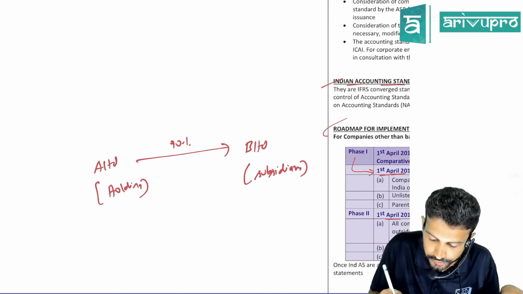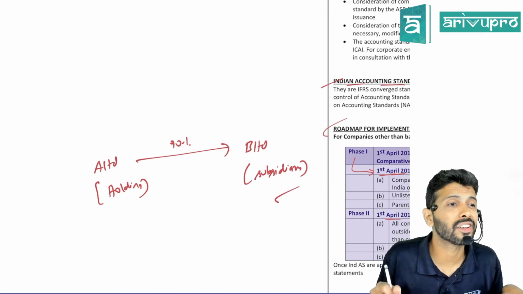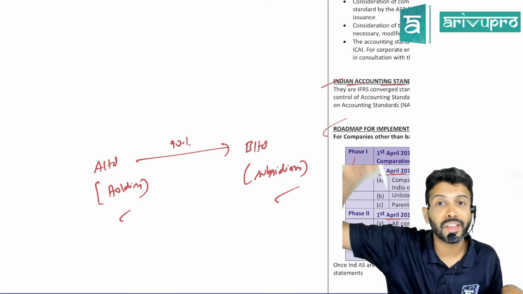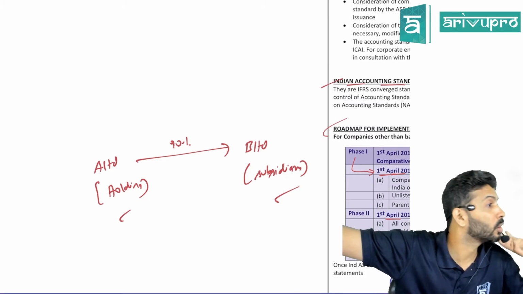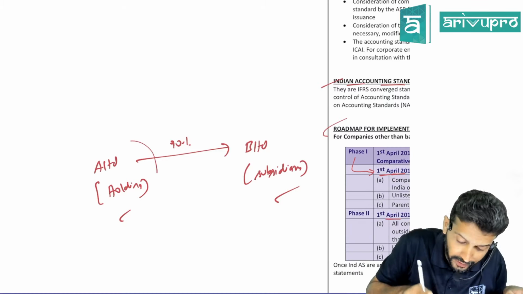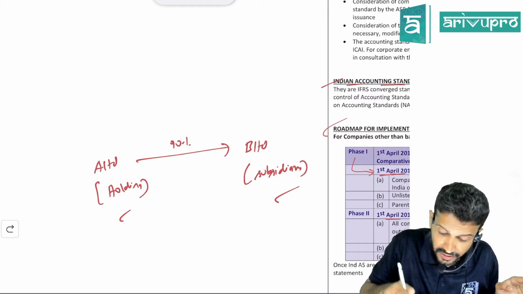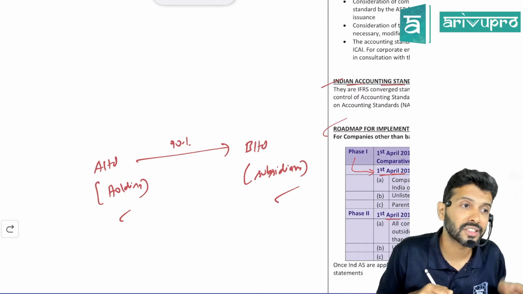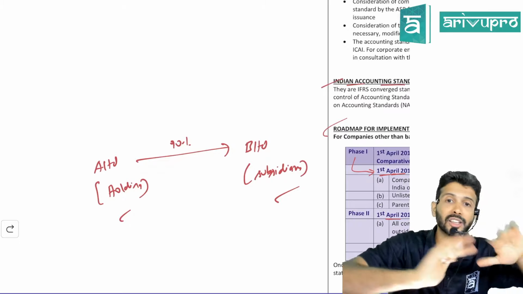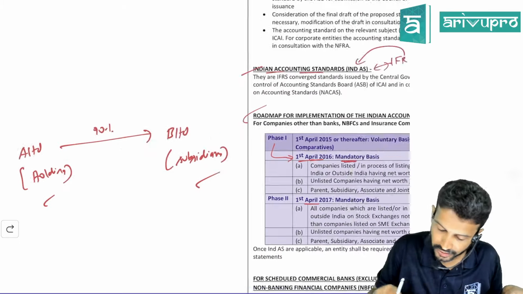So if your subsidiary is following Ind AS, then the holding company also has to compulsorily follow Ind AS. And if the holding company is following Ind AS, even if the net worth of B Limited is less, they still have to compulsorily follow. If one is following, the other also has to follow. That's what they've written here.